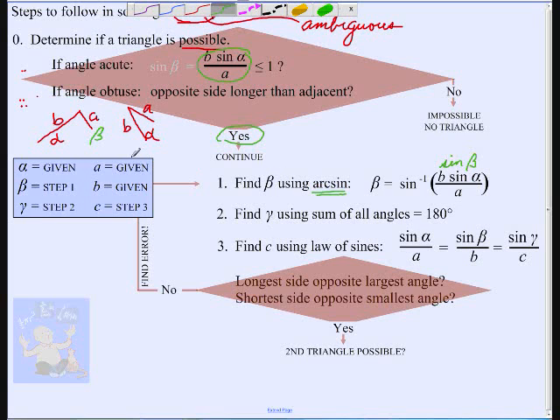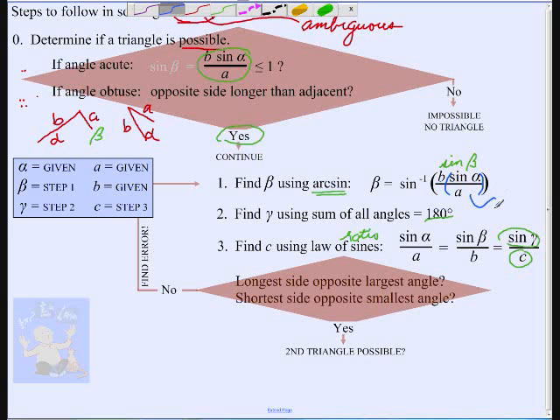So we found beta. What else do we need to do? We need to figure out what gamma is. And we can do that using the sum of all angles. Then we can find C using our ratio. So this and this are going to equal the ratio. And another way, the more I look at it, I suppose it just makes it more confusing for you when I do this, but what is that?